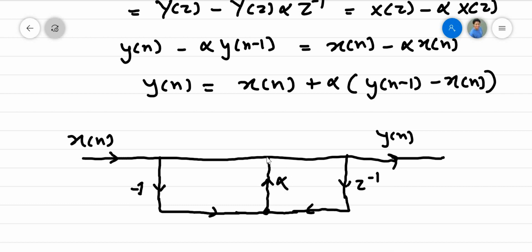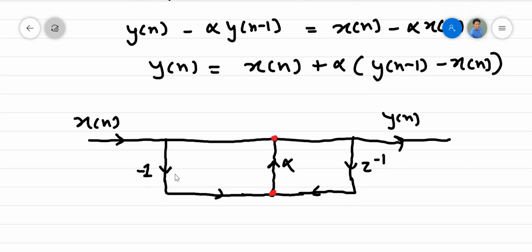I mark summation with this. There is a summation at this particular point, and there is multiplication of minus alpha here, and we have realized this particular RC circuit from which we started, now in digital format.